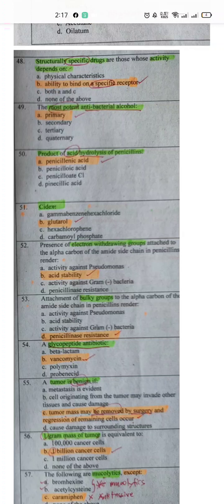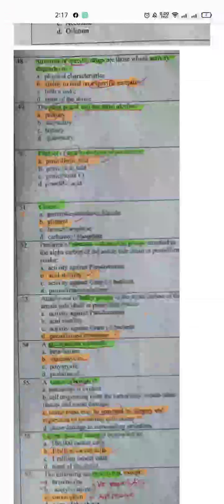Number 55, a tumor is benign if the tumor mass may be removed by surgery and regression of remaining cells occur. So, the three definitions, your A, B, and D, that is for malignant tumor.